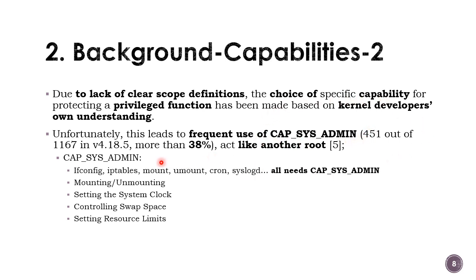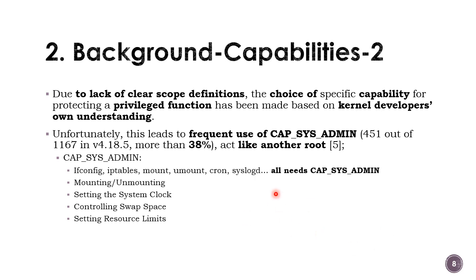And in the operating system, almost 38% of tools use this label because they need a privilege to conduct some operations in the operating system. For example, ifconfig, iptables, mount, unmount, cron, and syslog.